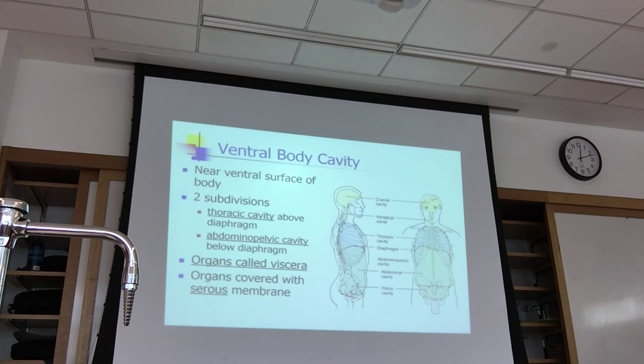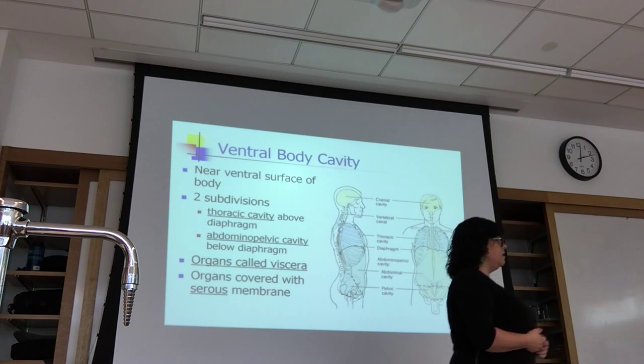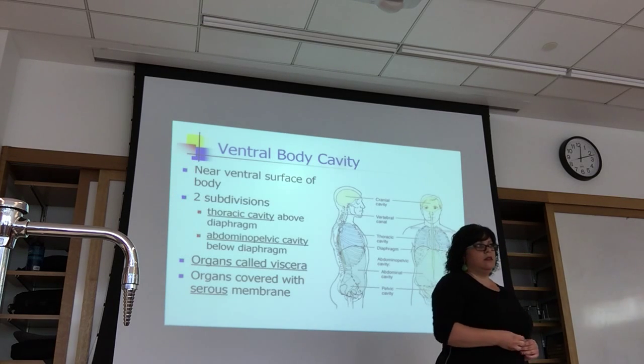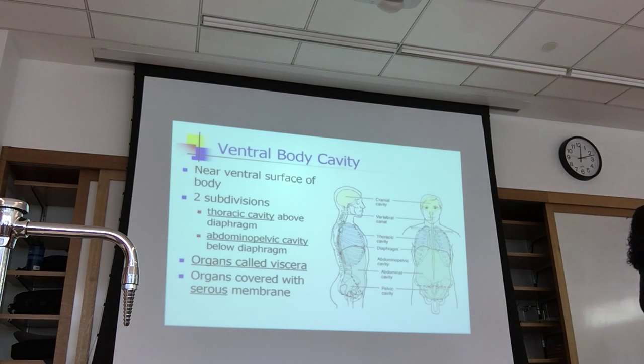Pleural, immediately you'd be thinking of lungs. The serous membrane around the heart is the pericardial cavity. And again, I'm talking about two very thin layers of cells with a little fluid in between.